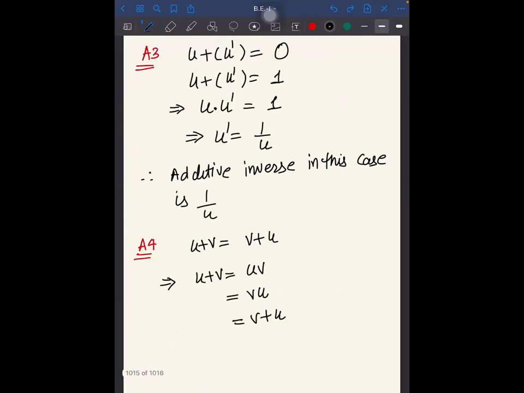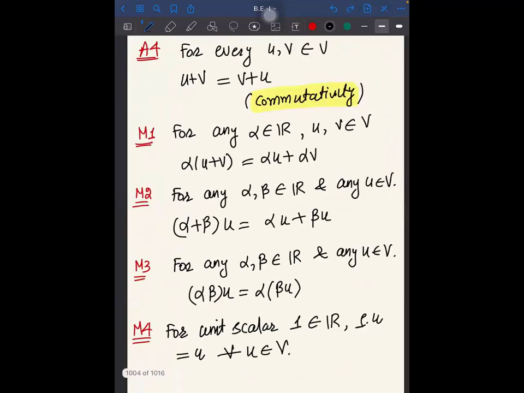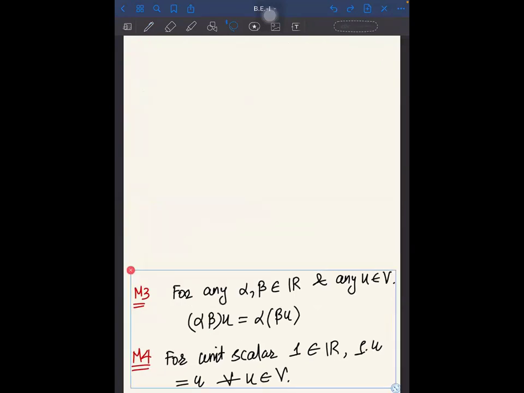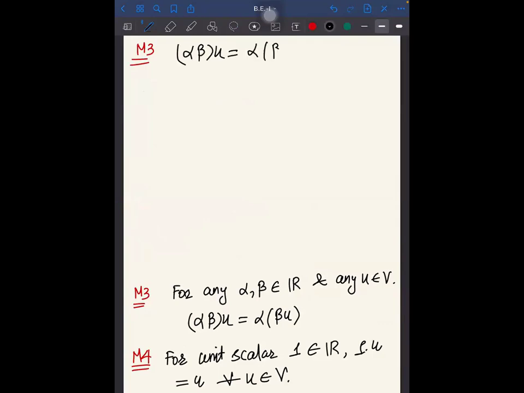So now come to M3. Let's pick these last two properties. Now you want to prove alpha beta times u is equal to alpha times beta u. So on the left hand side, alpha beta u can be written as u raised to power alpha beta.